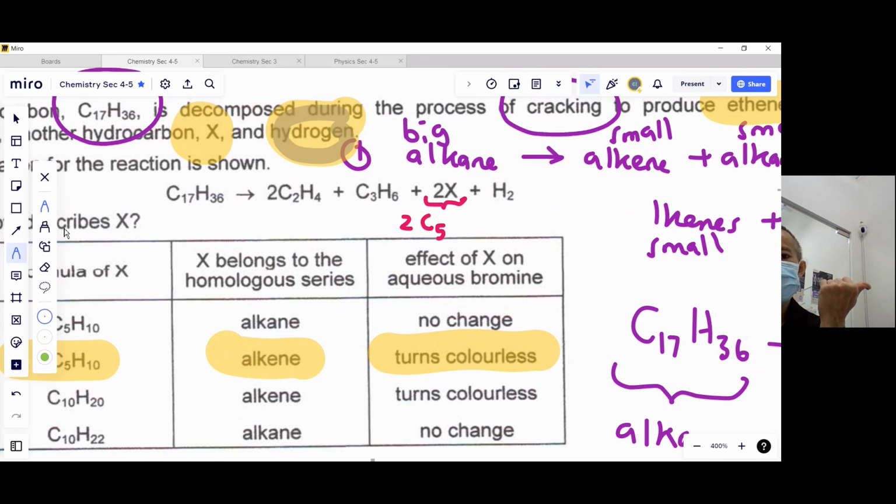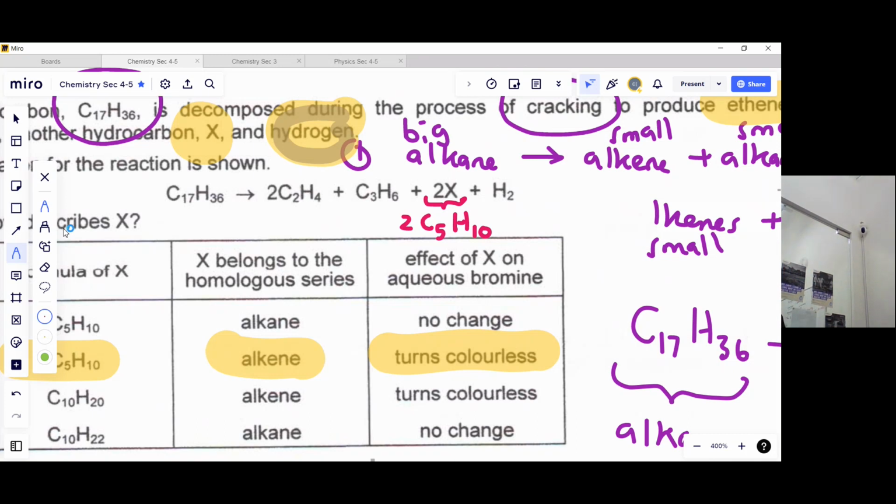Then H: 36 minus 8 minus 6 minus 2. 16, right? Wow, I need my calculator also. 36 minus 16 is 20. So 20 divided by 2 is 10.